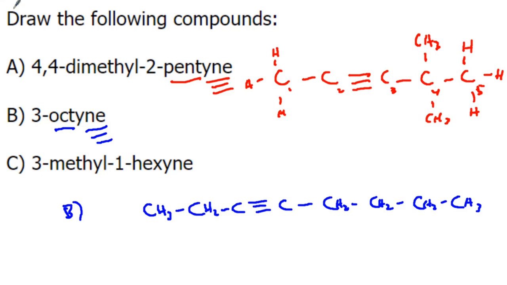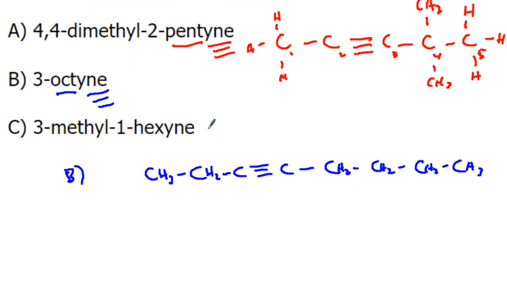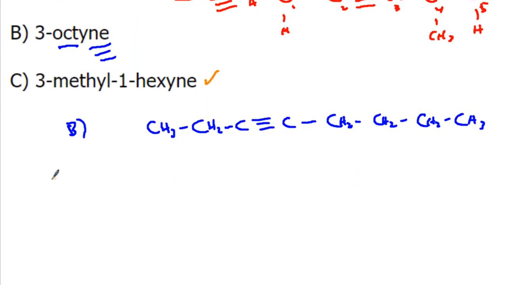Okay, let's take a look at this last example here, C. We have 3-methyl-1-hexyne. Hex is 6 carbons, 1, 2, 3, 4, 5, 6. The yne, the triple bond, is coming off of the first carbon, 1, 2, 3 right there. We have a methyl group coming off the third carbon, 1, 2, 3. We have a methyl group coming off right here. And now we're going to fill in with hydrogens.